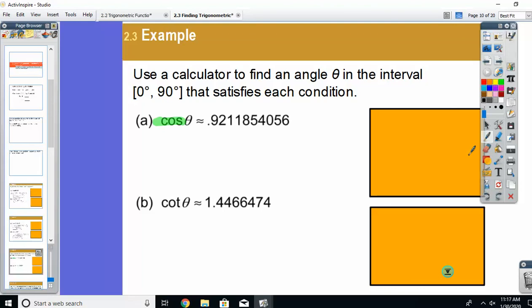So the only way to remove that cosine is to do the cosine inverse. So what you need to remember now is if you want an angle, that's when you do the inverses. So to type it in, you'll do second and then your cosine button. That gives you that cosine to the negative 1.